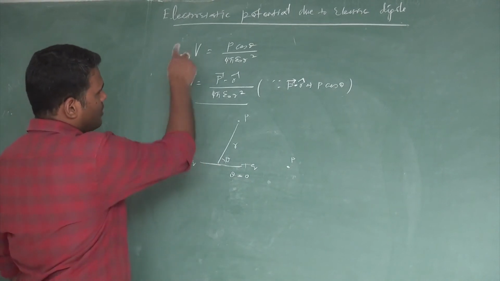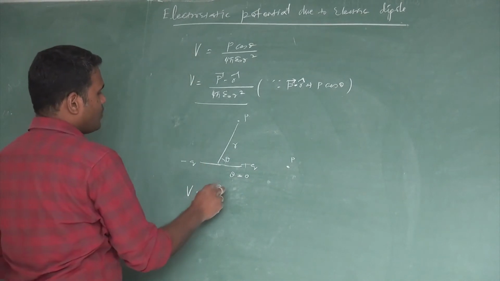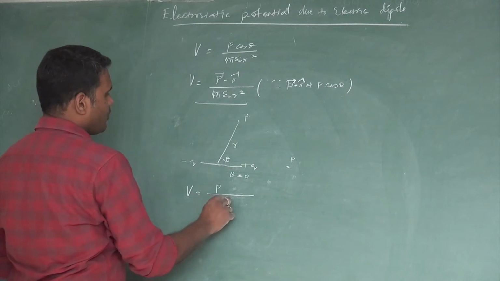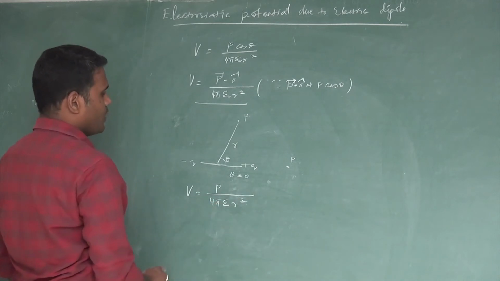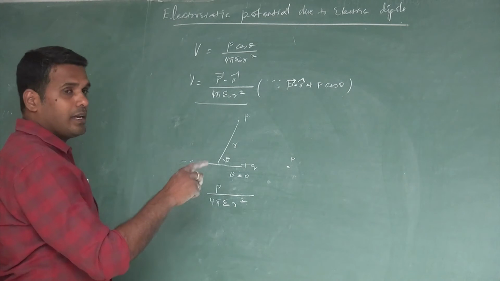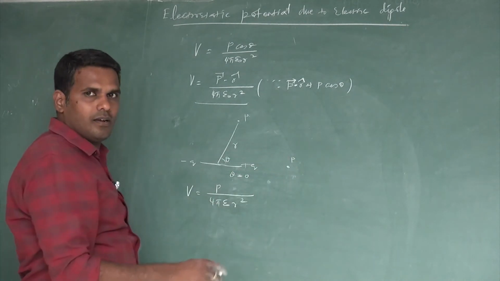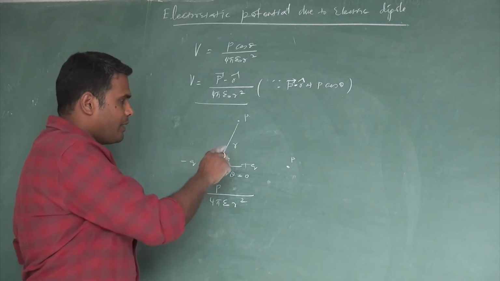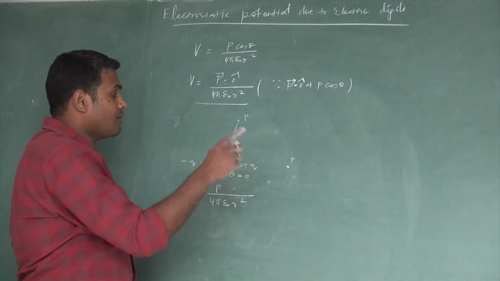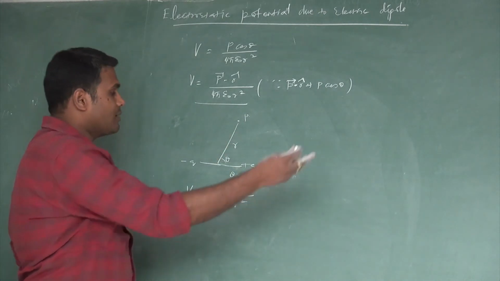If theta is 0, then the potential value will be simply p divided by 4 pi epsilon naught r square when the point p lies along the side of the charge plus q, along the axial line.